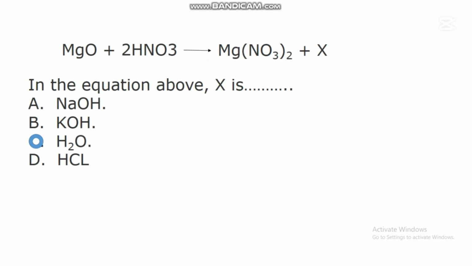From this equation, we can see that magnesium oxide reacted with trioxonitrate(V) acid to produce a salt and water. So this magnesium oxide is one of the bases, and when a base reacts with an acid, the products are salt and water. So in this equation, X is water because this is one of the examples of neutralization reaction in chemistry.